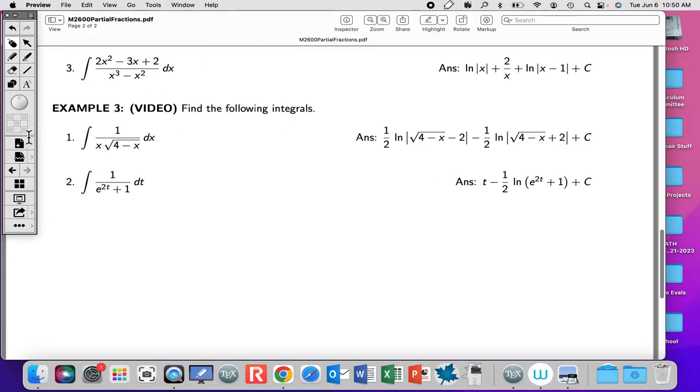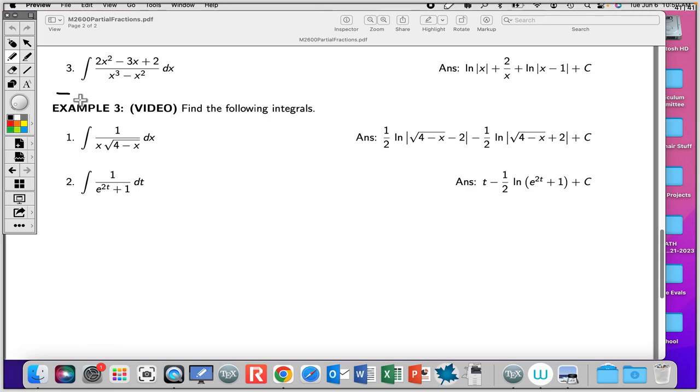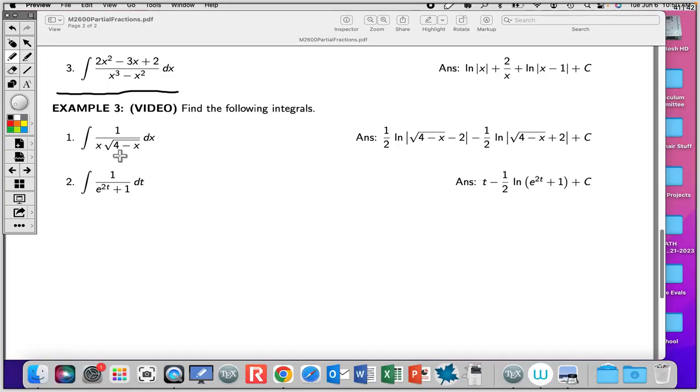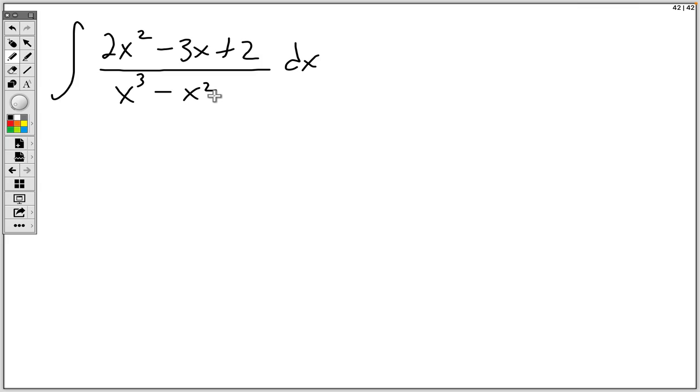Last example here, we're asked to integrate 2x squared minus 3x plus 2 divided by x cubed minus x squared. Once again, we would try the usual sorts of substitutions, and we would settle on looking at a partial fraction decomposition.